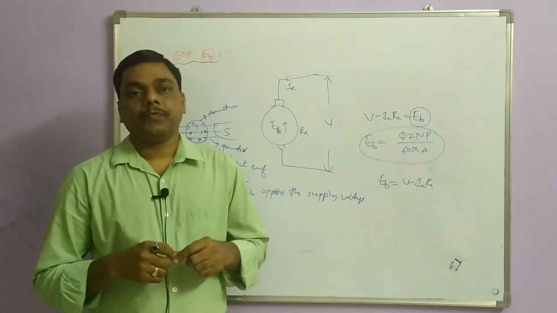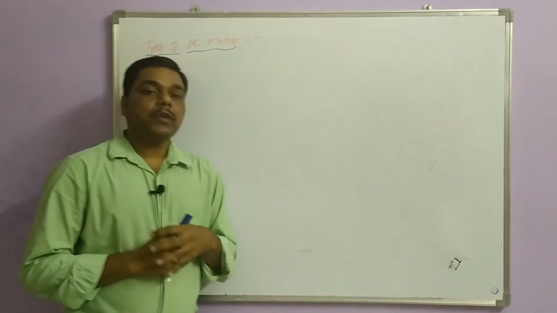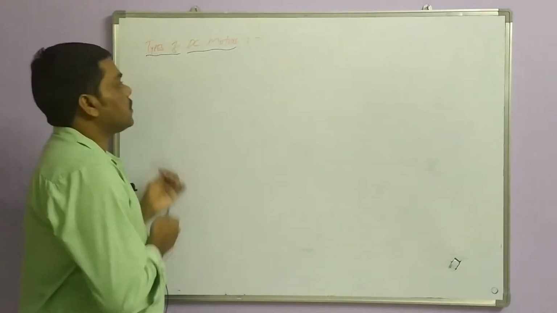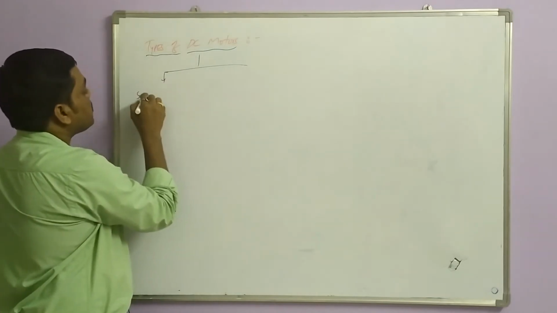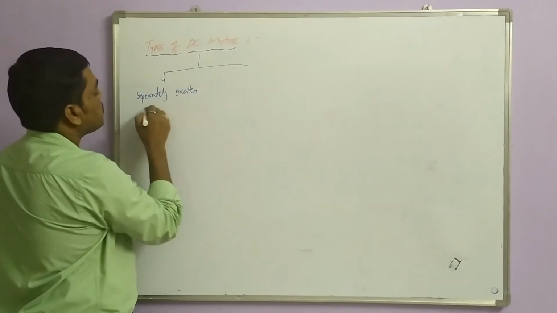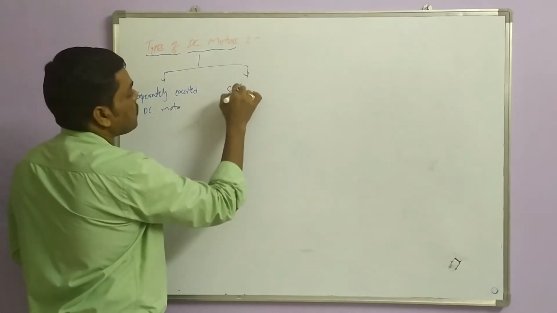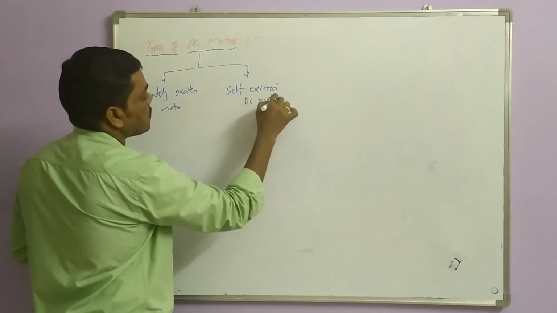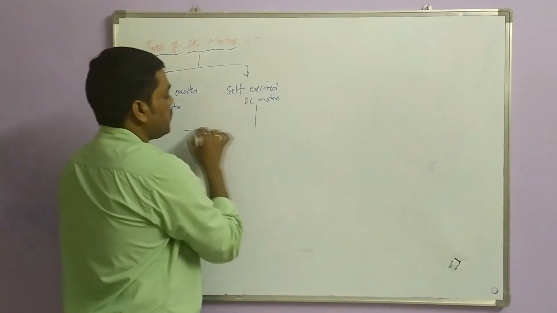Now we will discuss the types of DC motors. Similar to generators, DC motors are also of two types. The first one is separately excited DC motors, and again self-excited DC motors. In self-excited DC motors we have three types.